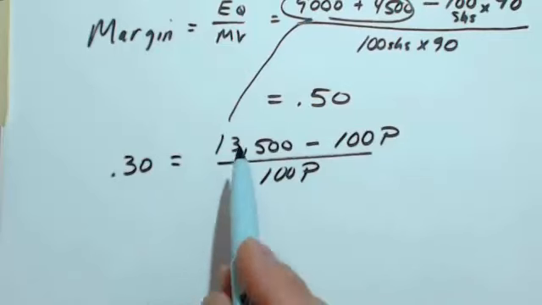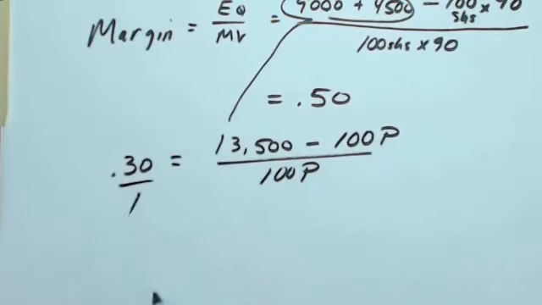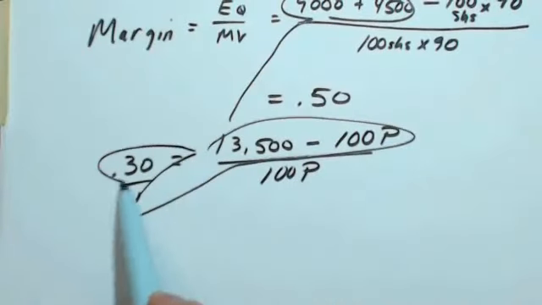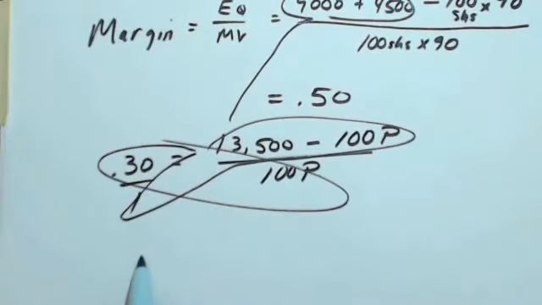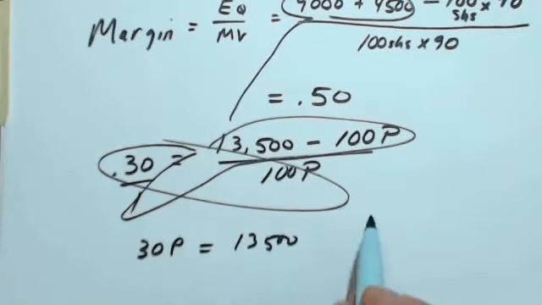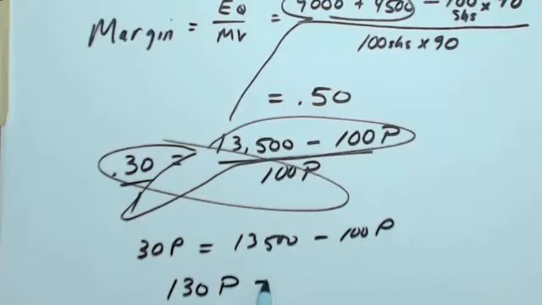So you use the basic trick. That's dividing by 1, doesn't do anything. You cross multiply and set equal. So this is basically 30P equals 13,500 minus 100P, and that's 130P equals 13,500.